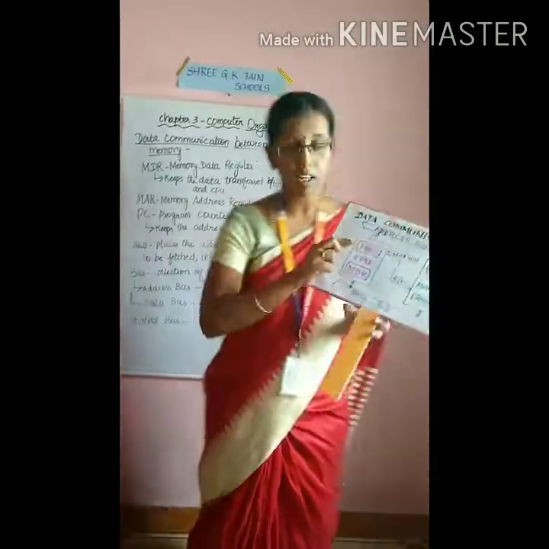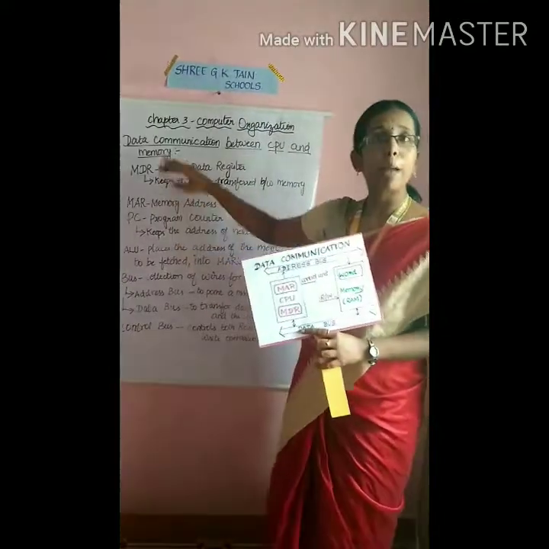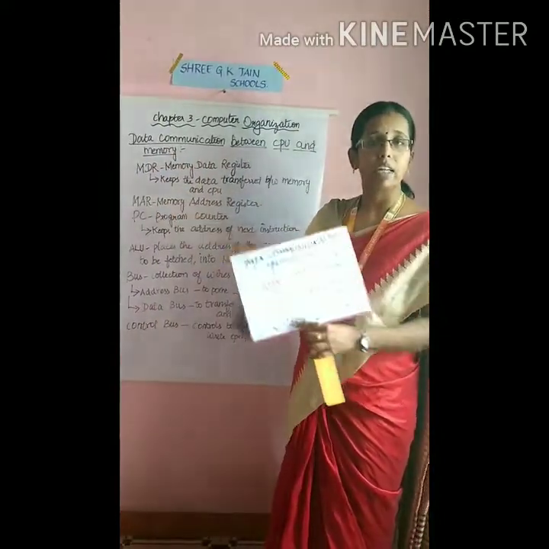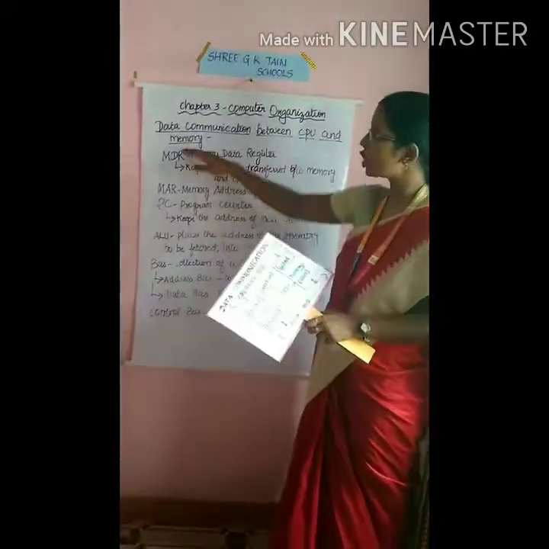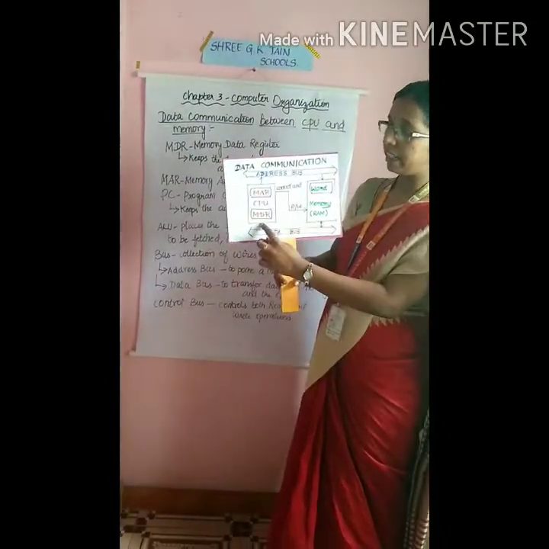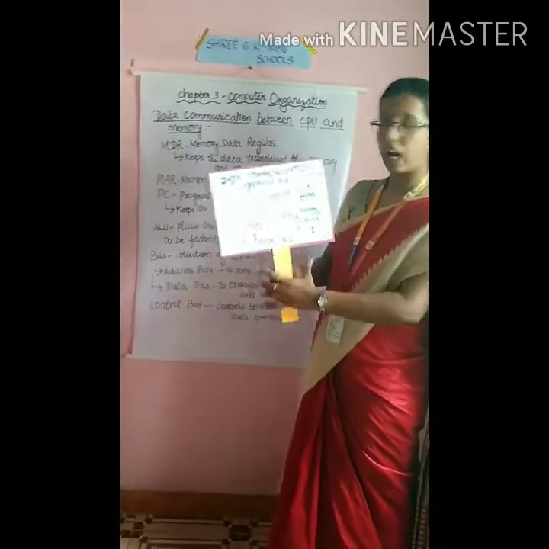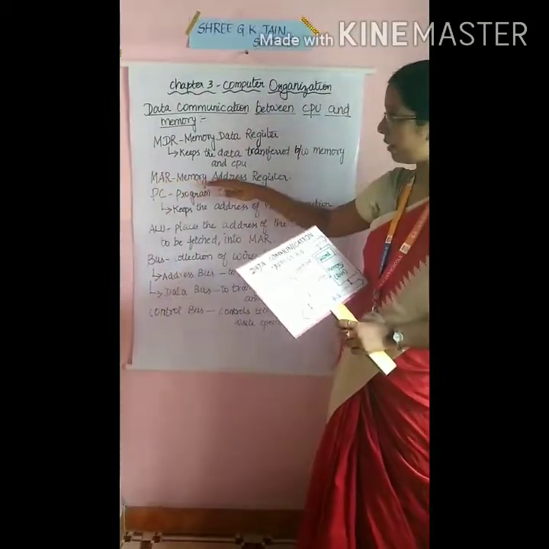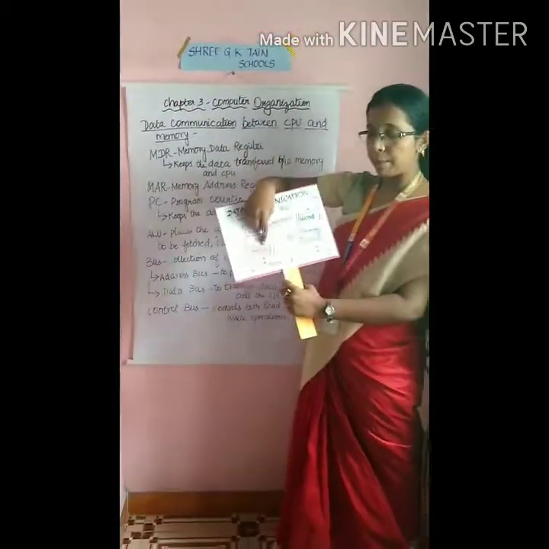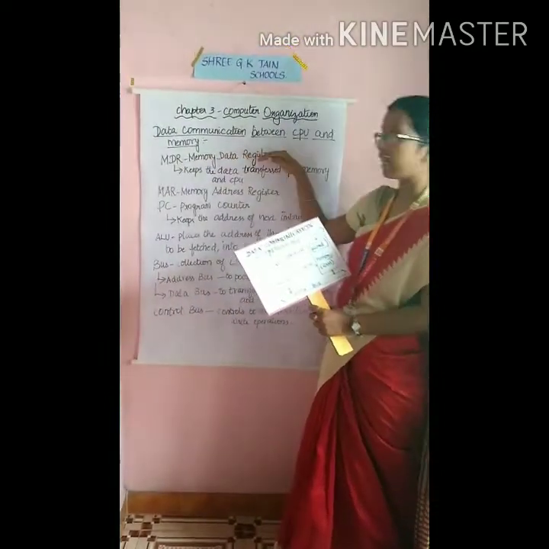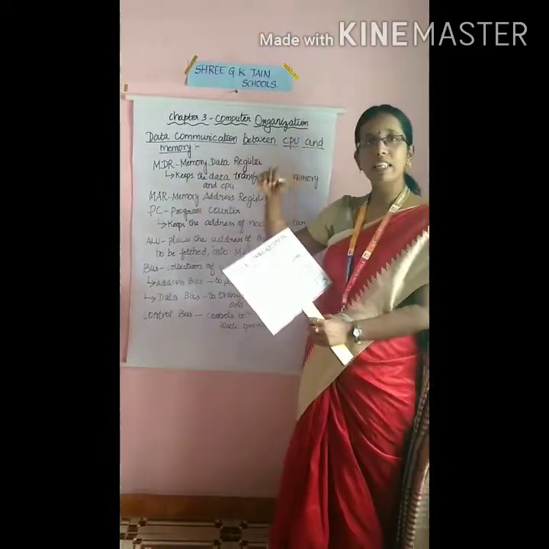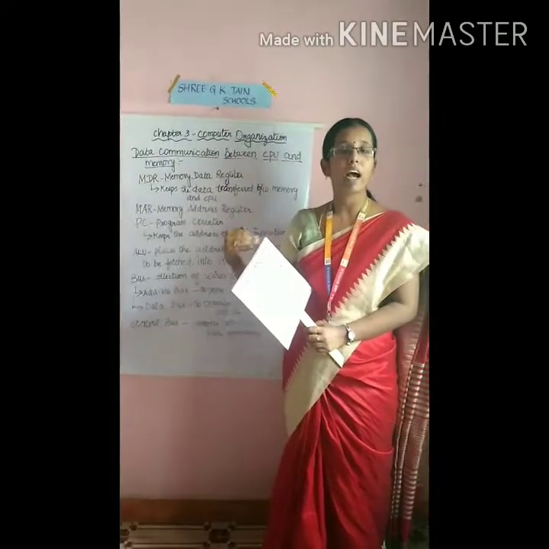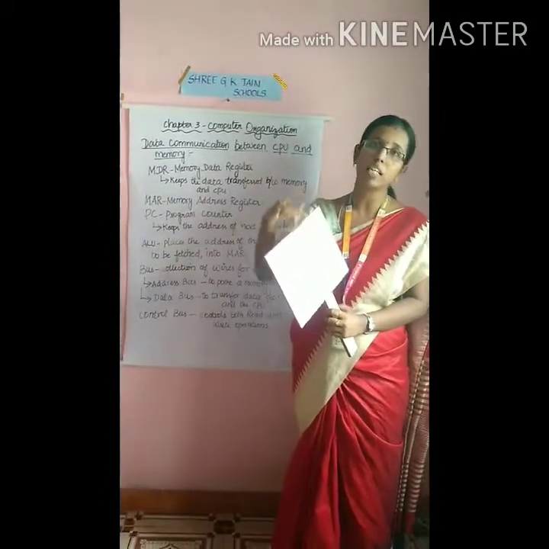The first one is MAR and MDR. The CPU will have these two inside it. MAR stands for Memory Address Register and MDR stands for Memory Data Register. What are the MDR and MAR actually doing inside your CPU?